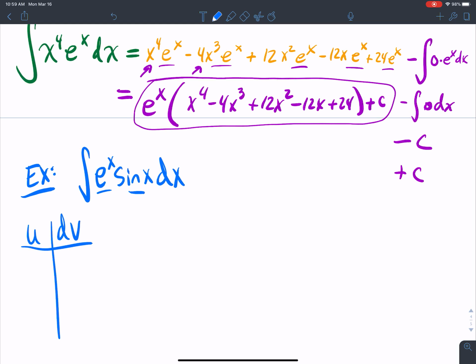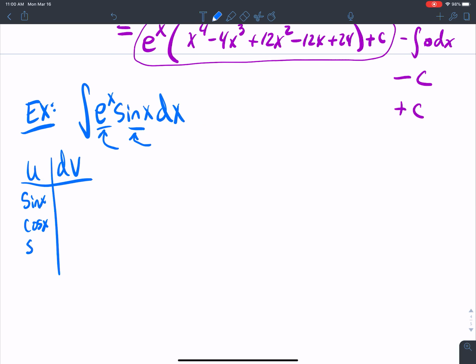Because if I choose e to the x to be u, then the derivative of e to the x is e to the x, e to the x forever and ever, right? And then it doesn't go away. If I choose it to be sine, well, golly, sine turns into cosine, which then turns back into negative sine, which then turns into negative cosine, which, holy smokes, turns right back into sine.